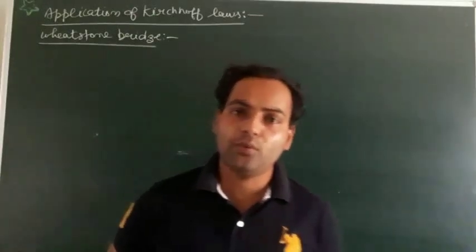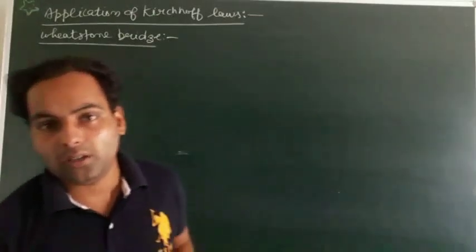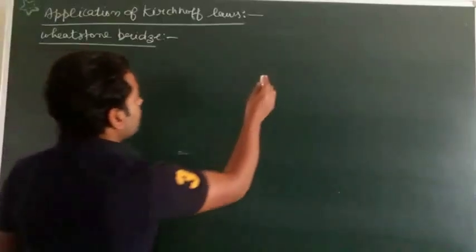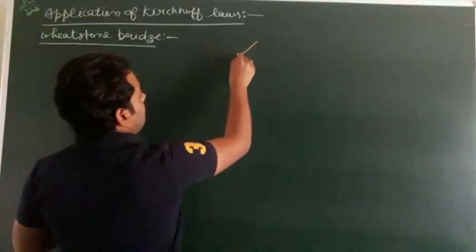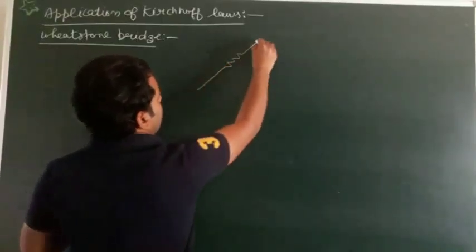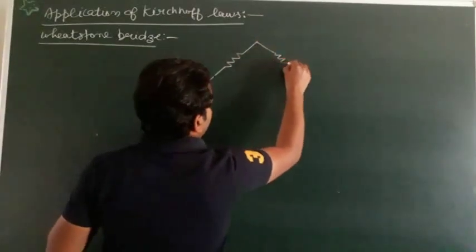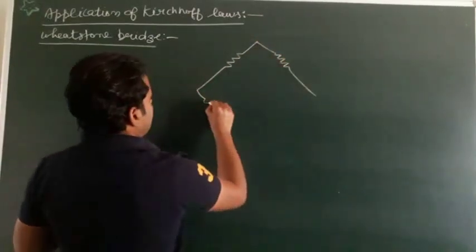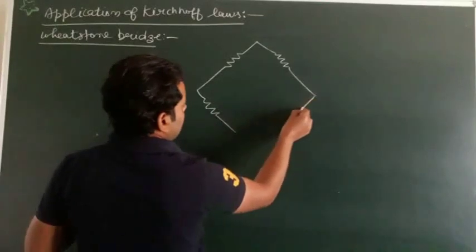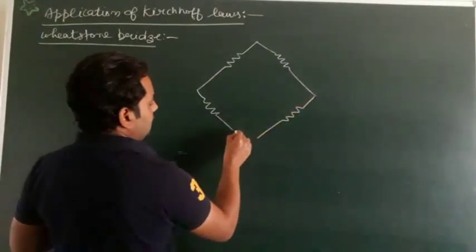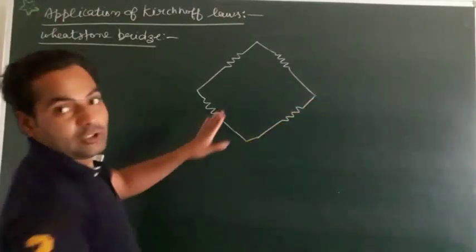I am drawing the diagram of the Wheatstone bridge on the board, so see it carefully. These are the four resistors.